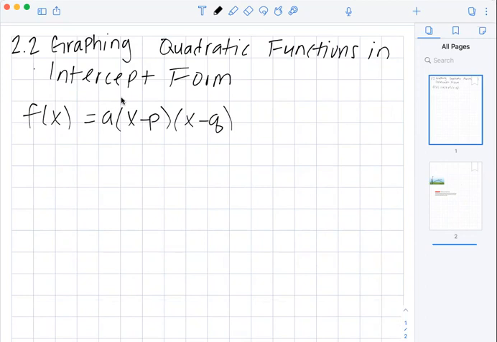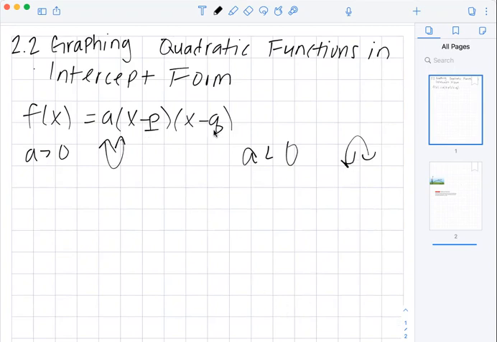So the same rule applies for whether A is positive or negative. If A is positive, then the parabola will be opening up. And if it's negative, then it will be opening down.